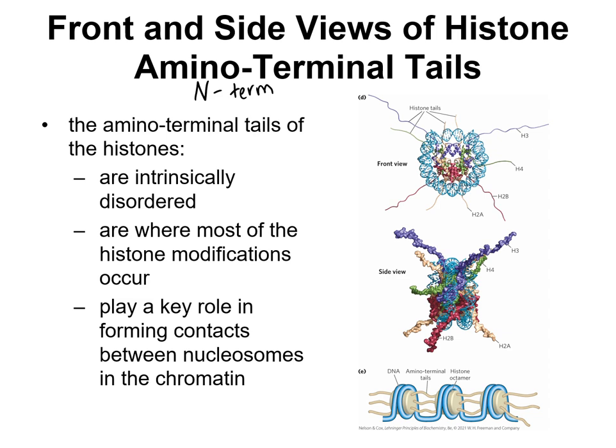And these modifications are key in forming contacts between nucleosomes and chromatin. So depending on the state of the different amino terminal tails, that will govern partially how tightly compacted your chromatin is.